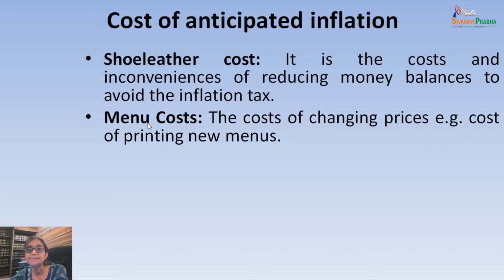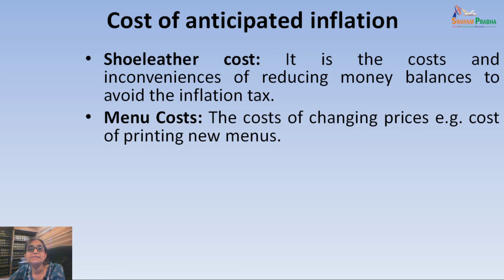We have already discussed this in aggregate supply. What is menu cost? It is the cost of changing prices, or the cost of printing new menus. Companies, firms or restaurants print their price tags keeping a certain inflation rate in mind.